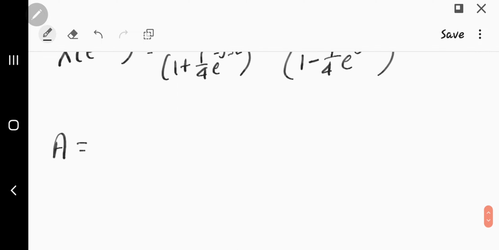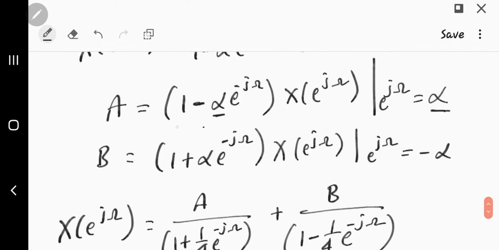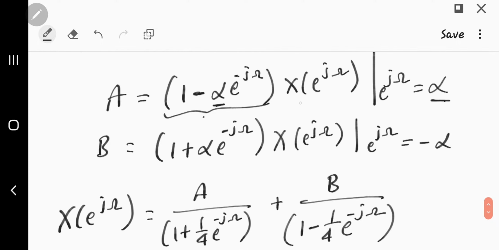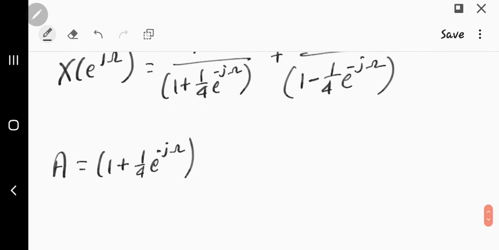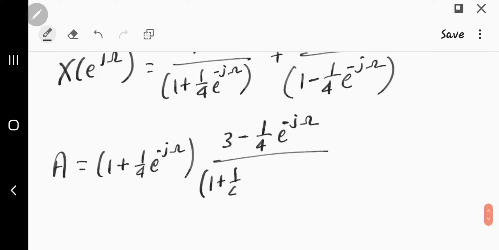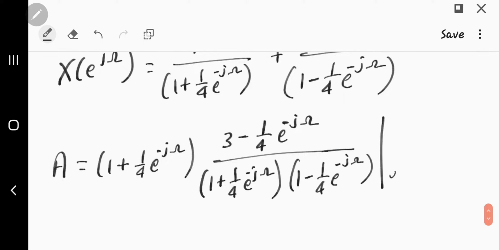So A is equal to, the denominator is 1 plus 1/4 e^(-jω), multiplied by X of e^jω, that is (3 minus 1/4 e^(-jω)) divided by (1 plus 1/4 e^(-jω)) and (1 minus 1/4 e^(-jω)), and here e^jω will take the value of alpha.